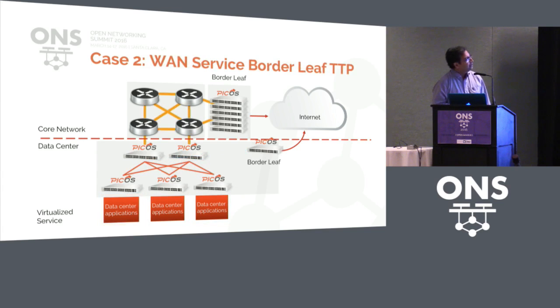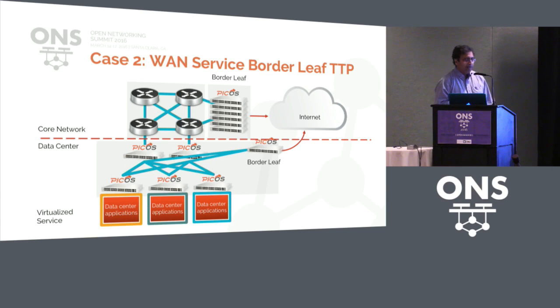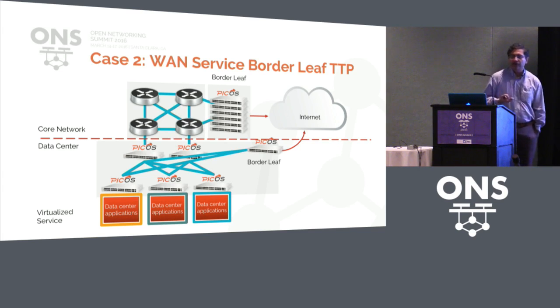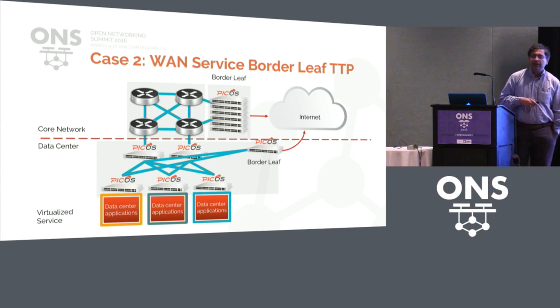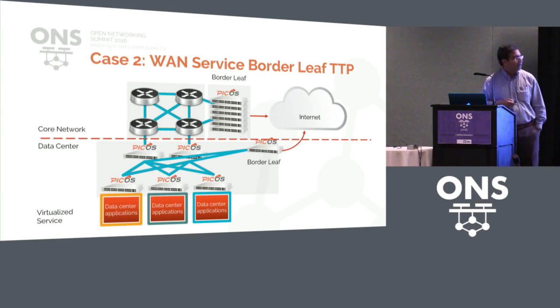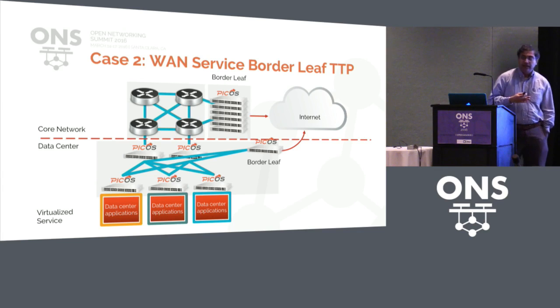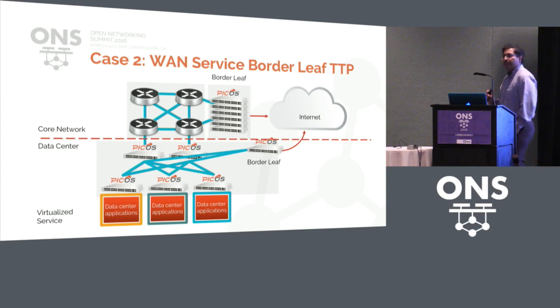The second use case is around the border leaf itself. This is another huge application where scale is of prime importance. It's not just about the OpenFlow functionality, but how you get scale with all the applications that you have. The other part is that the border function is typically a more specialized function, so you might want to run a completely separate controller with a specialized application that controls the border leaf.